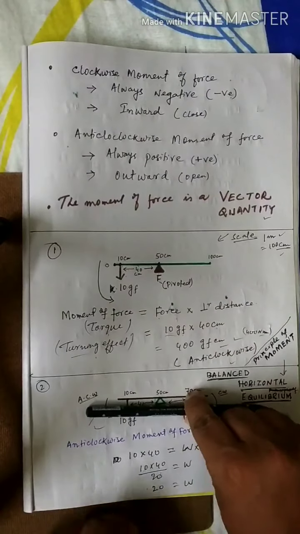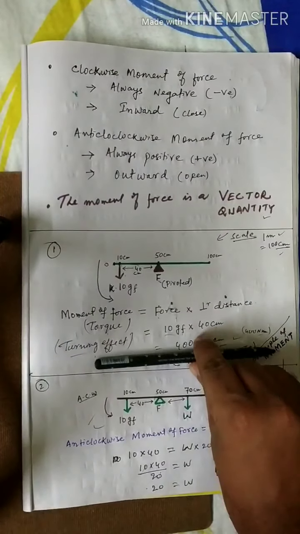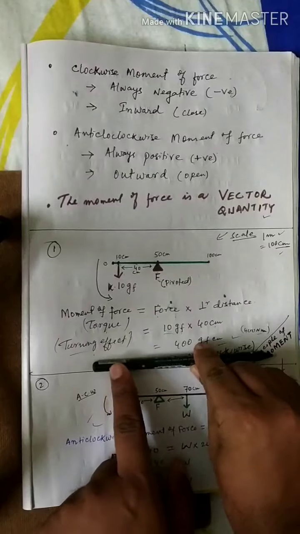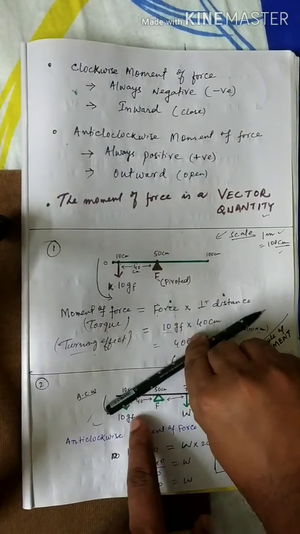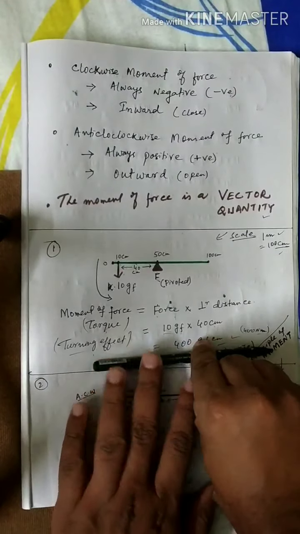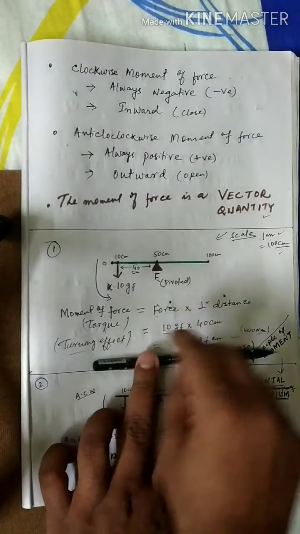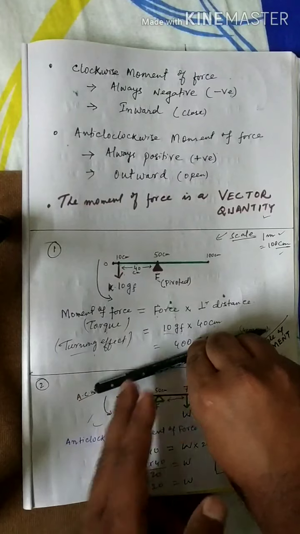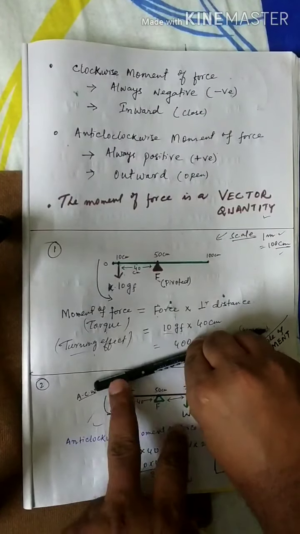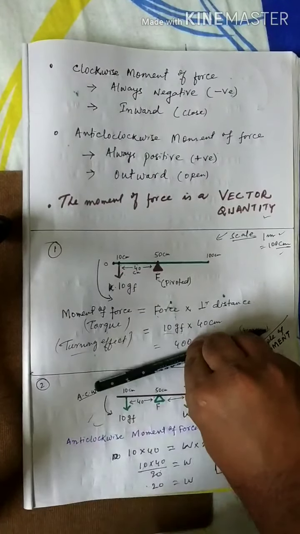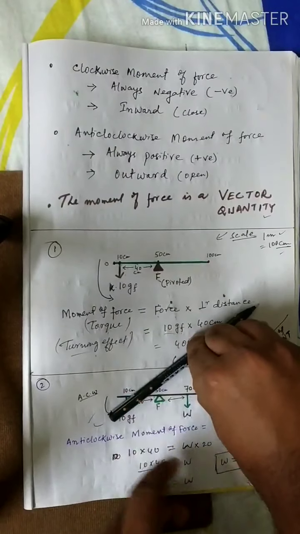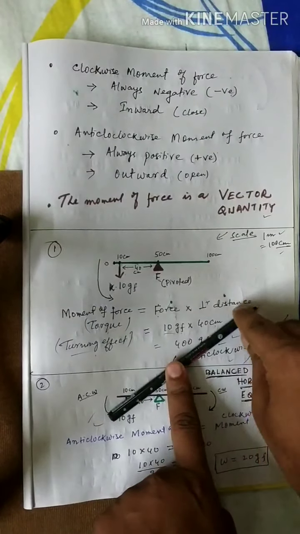If you apply a force here, then this scale rotates like this. So to balance this, we will put a load on this side. If you put another weight, then the scale will rotate more. So to balance this one, we put a load here.